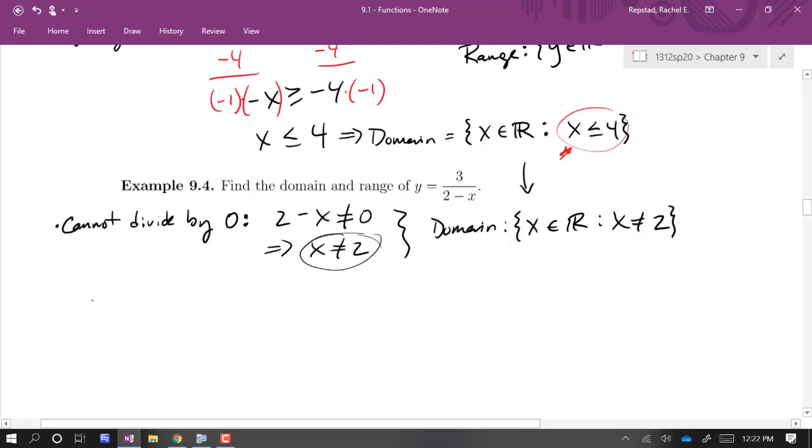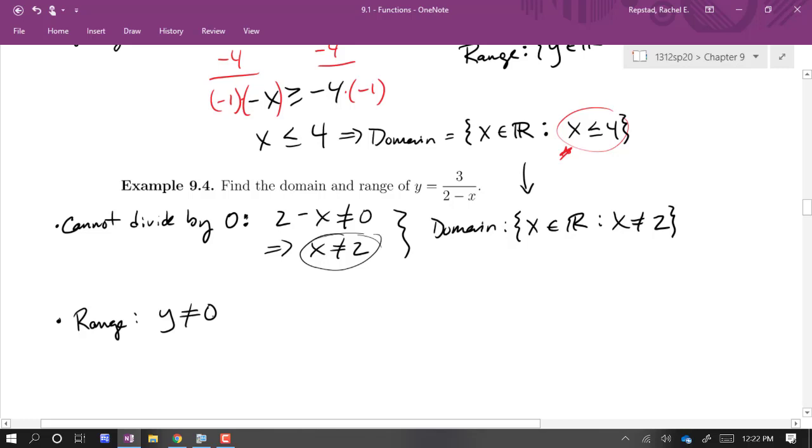However, when I think about the range, usually, again, I come at it from the back door and I just say, look, is there anything that is impossible to get? I try to find a value that this fraction could never attain. And in this case, the range is all real numbers except 0.